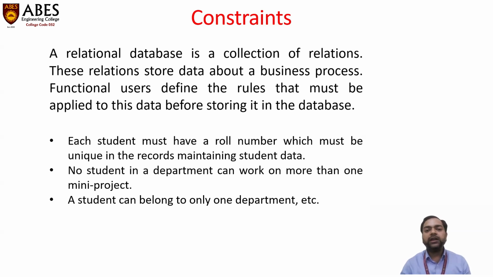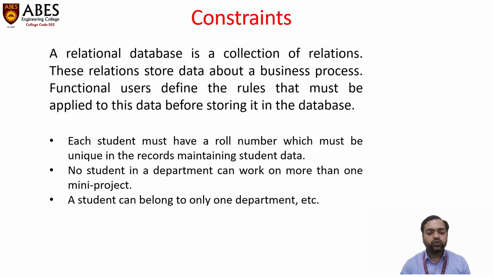So this is a constraint we have to apply on the relation: if we have a roll number attribute in a student relation, every student's roll number must be unique. No two students must have the same roll number, right?